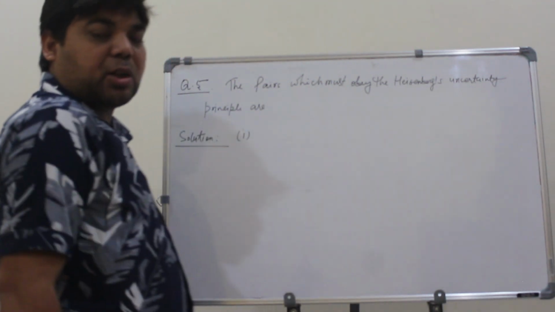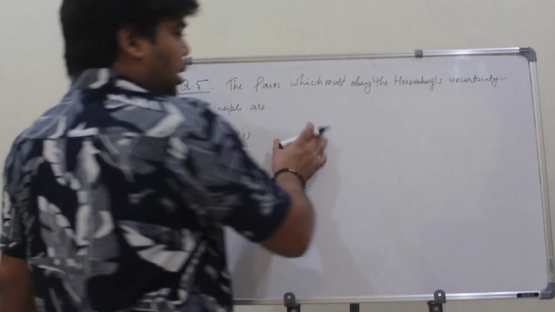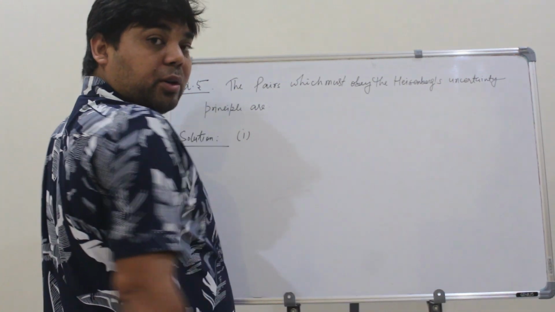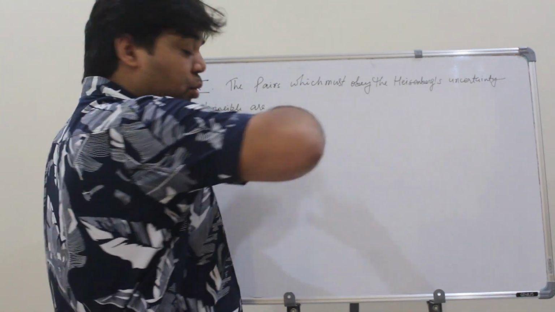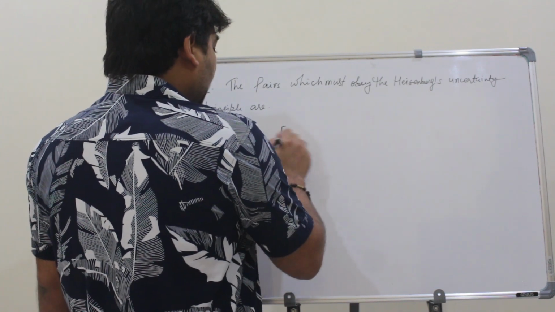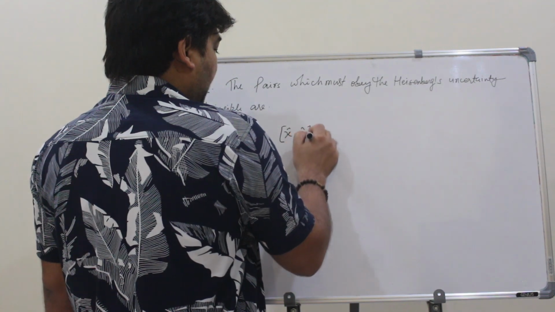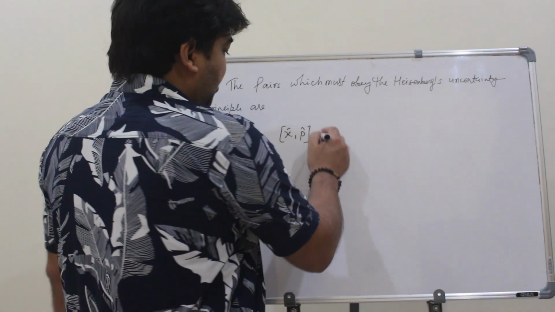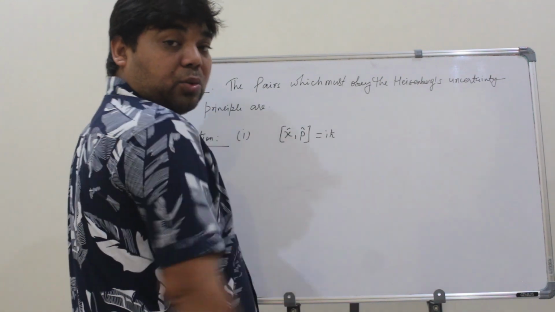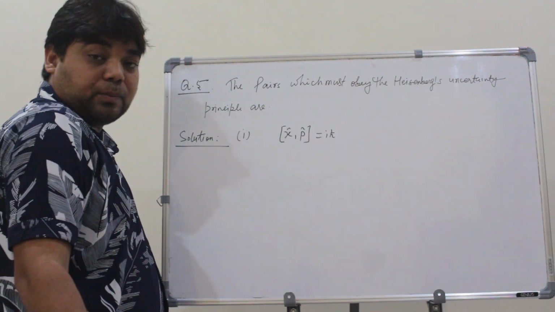Quantities which are classically canonically conjugate become non-commutative when you move from classical to quantum mechanics. The simple example is x and p, which gives you non-commutative behavior. They are classically canonically conjugate; the Poisson bracket of x and p is 1.